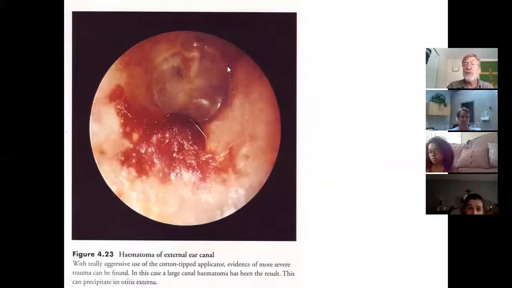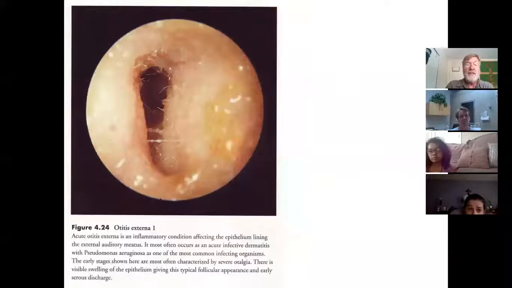Here's the eardrum, but maybe the person was picking in his ear too much. Who knows? And look what they call it, otitis externa. Oto, ear, itis, inflammation, external ear. External ear inflammation. External otitis again. Here's a guy with inflammatory conditions, swollen ear canals due to some reason, maybe some infection.